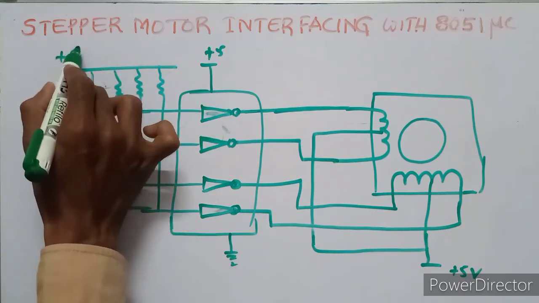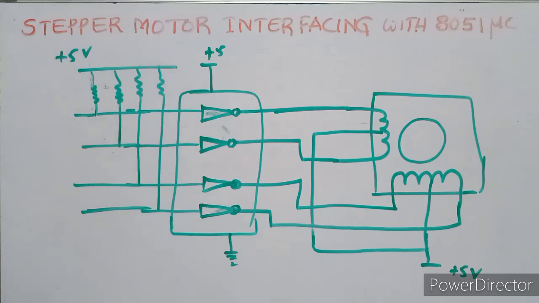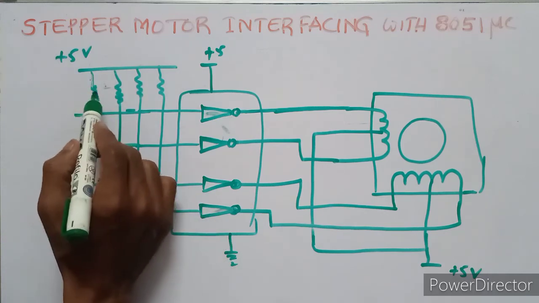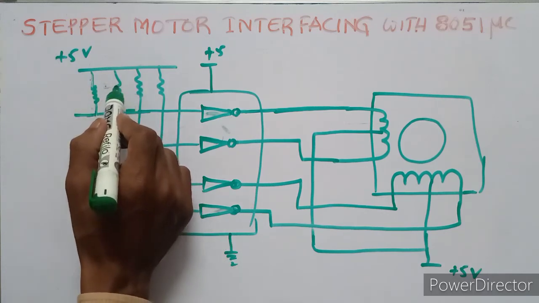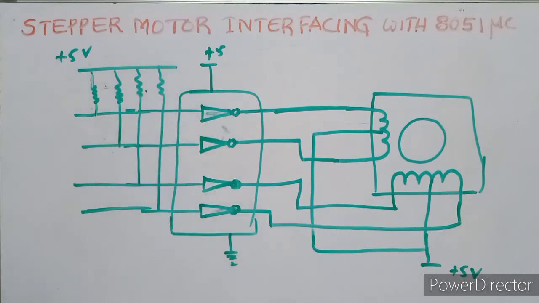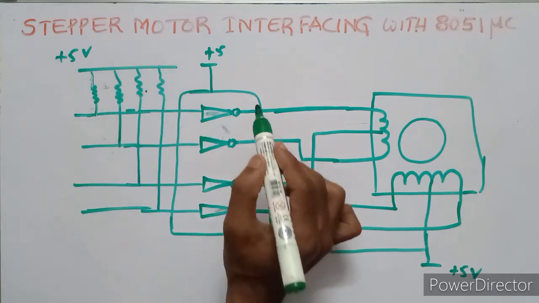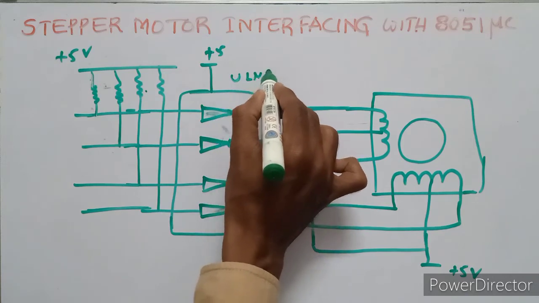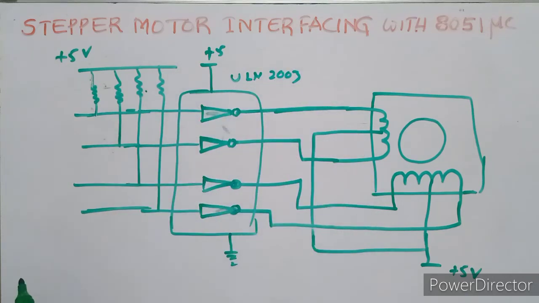This is the plus 5 volts. This resistor is 4.7, this 4.7, 4.7, 4.7. This is the ULN 2003.